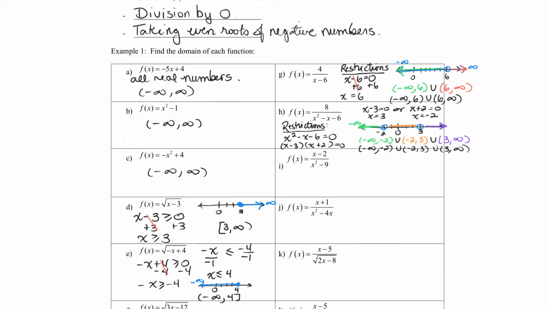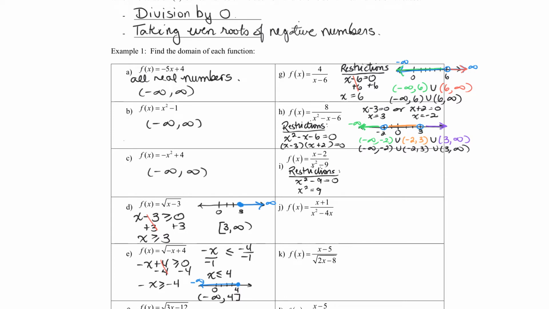Example I is yet another quadratic in the denominator, and solving for the restrictions. We know that x squared minus 9 equals 0 will give me my two restrictions. I can go ahead and add 9 to both sides. x squared equals 9.